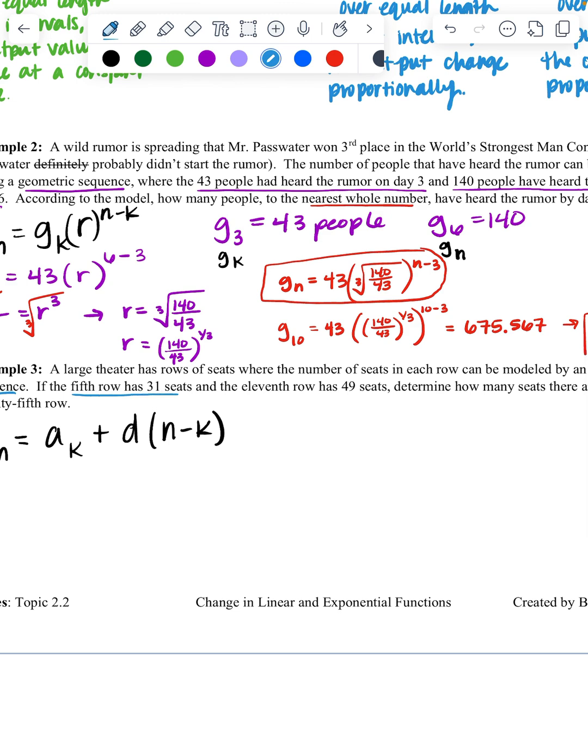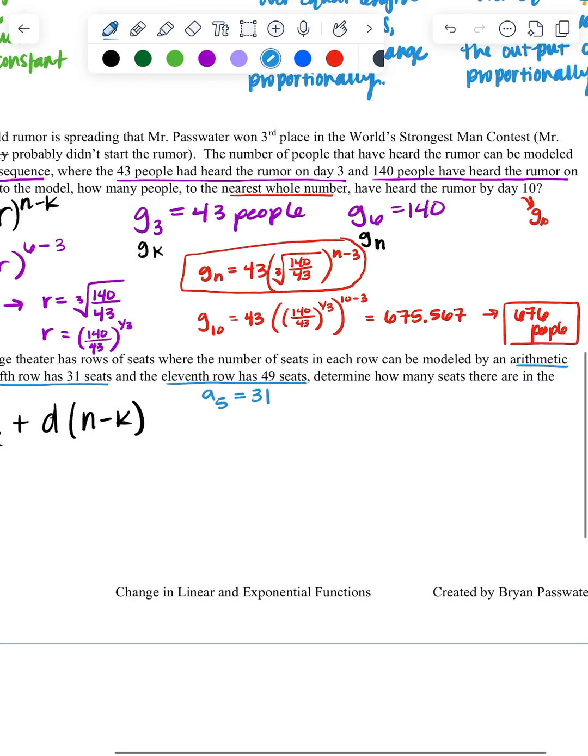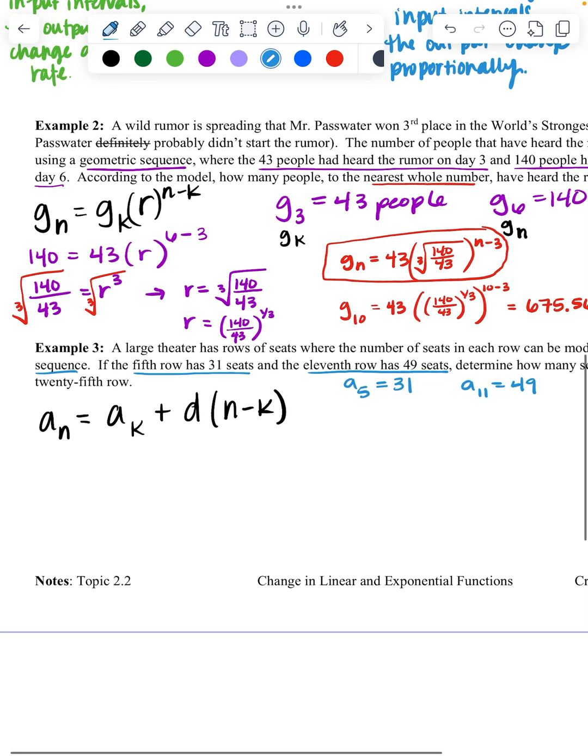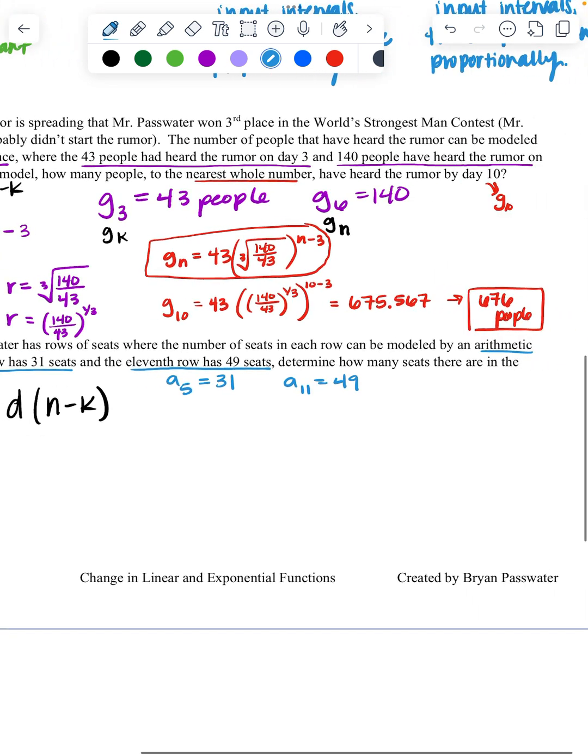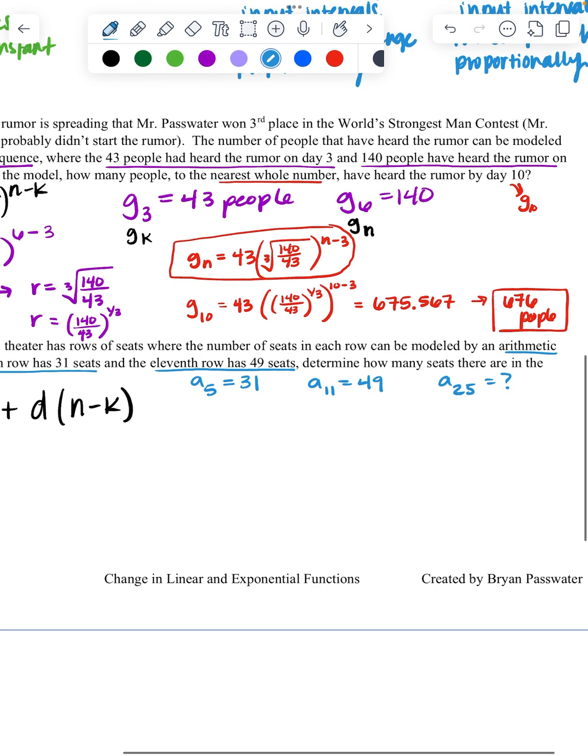We are told the fifth row has 31 seats, so we can interpret that as a sub 5 will be 31. The 11th row has 49 seats, so a sub 11 is 49. And we want to figure out how many seats there are going to be in the 25th row. So our goal is to figure out what a sub 25 is.